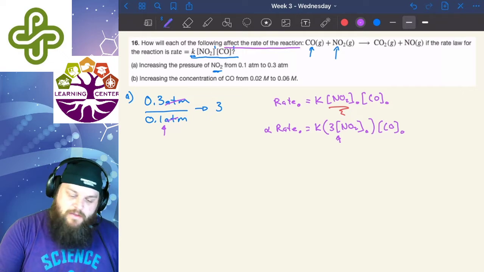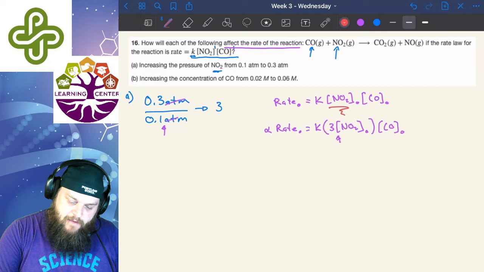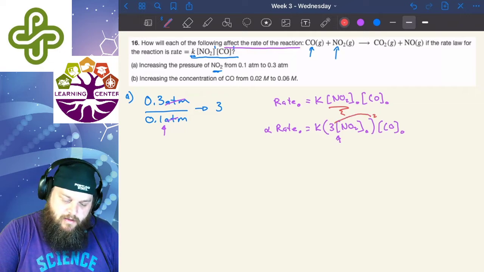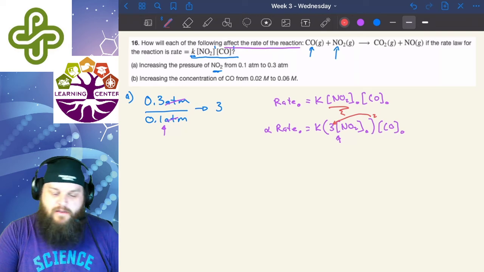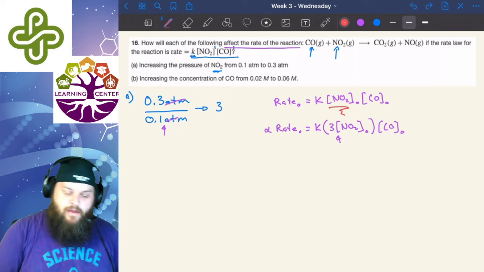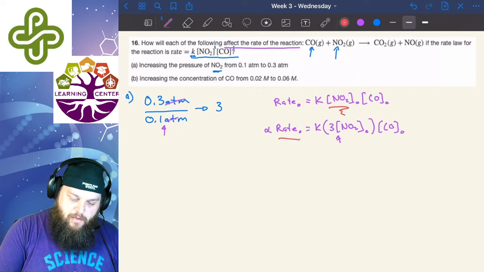The reason why this is important is if this was a second order equation, so that was squared, we would need to make sure we squared that 3 as well. In this case, it's a first order equation, so it's pretty straightforward: the initial rate here, we can substitute in on this side.